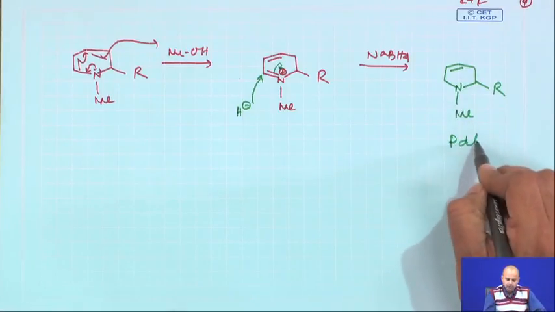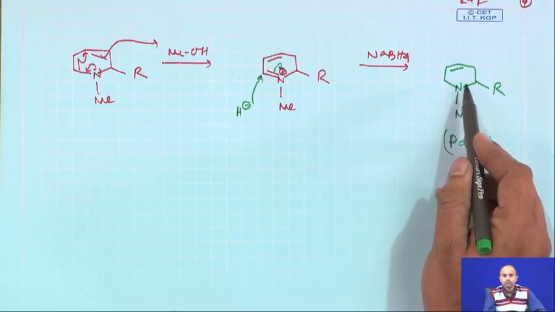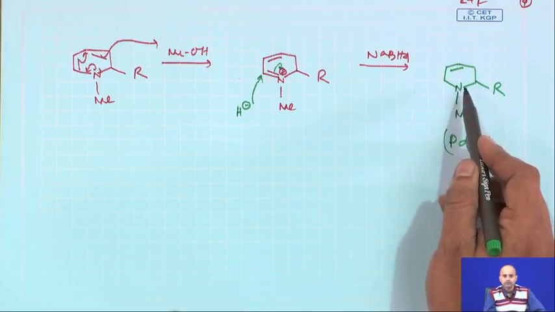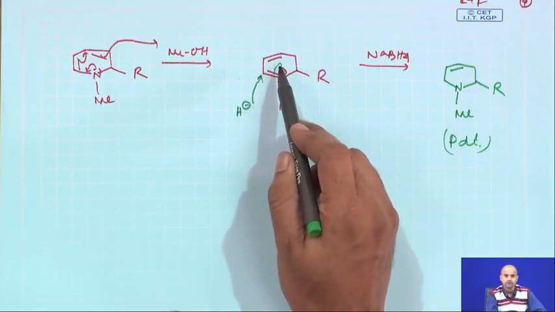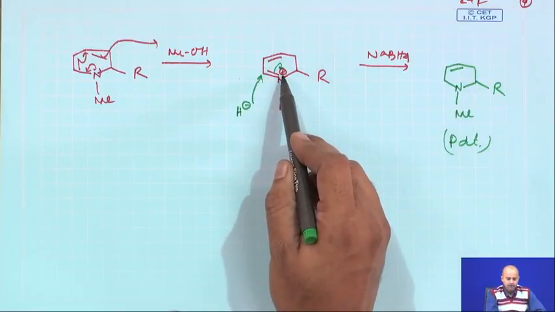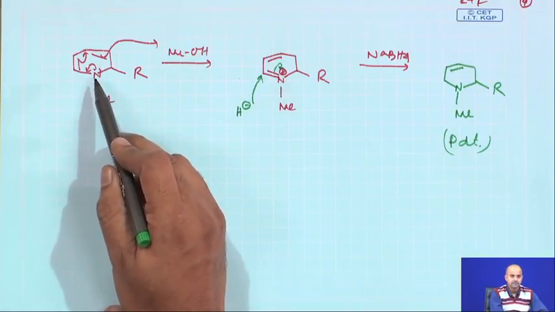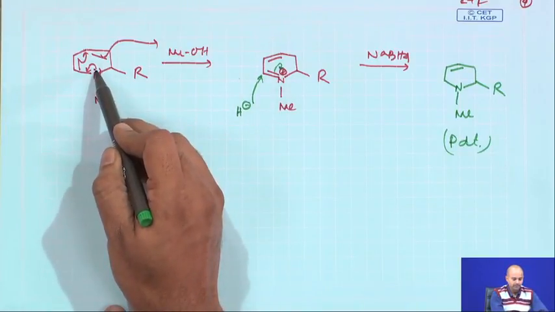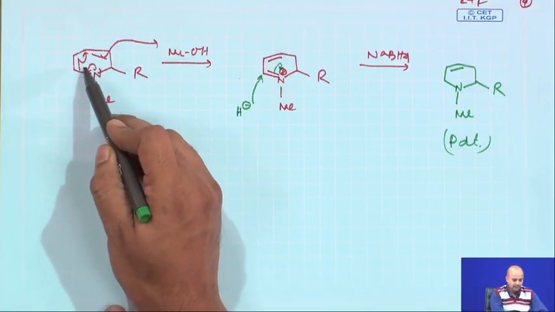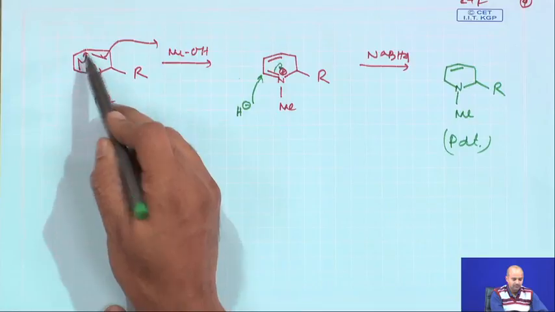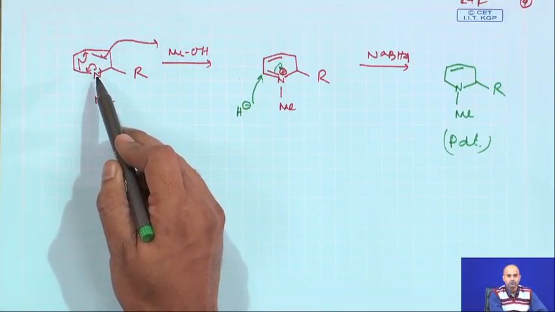You may now argue, is it possible to form another iminium ion at this nitrogen? The answer is no. Initially you have a conjugated system. That is why iminium ion formation is possible in the initial case: the lone pair gives electron donation, it is an allylic system, it comes here and abstracts the proton. So, iminium ion formation is possible only twice.